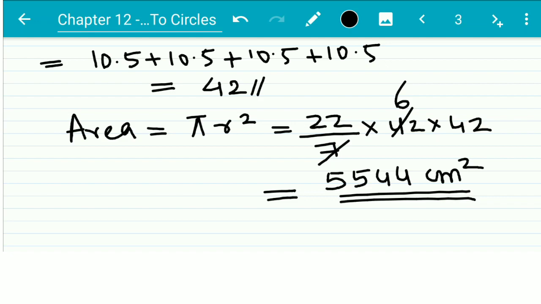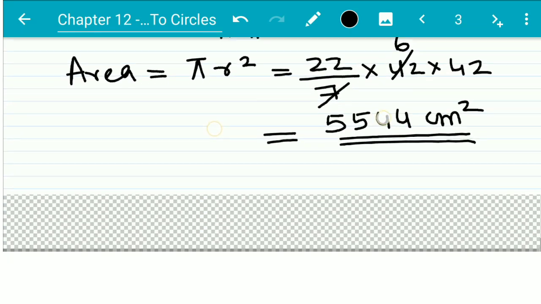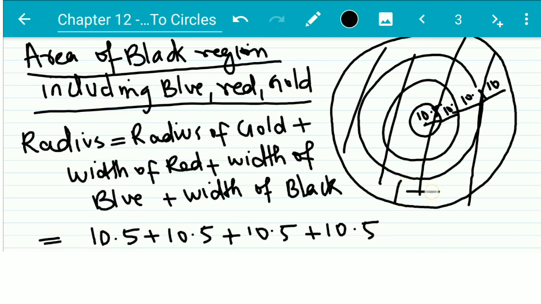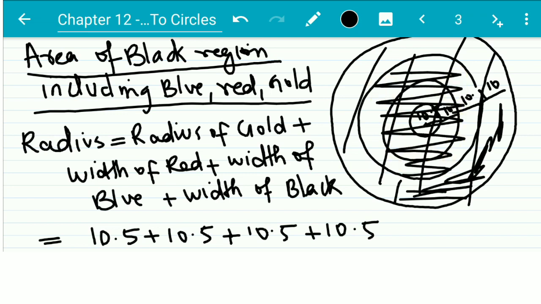But we need area of black only. How to find area of black only? See the diagram. See, this is the black region. We only need this region, black. So we'll subtract this region from the black. That means area of black only is equal to area of black including gold, red and blue minus area of gold, red and blue.